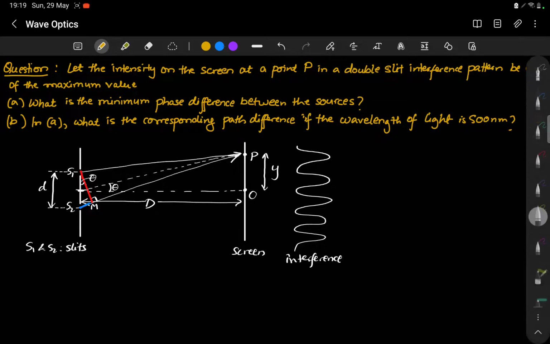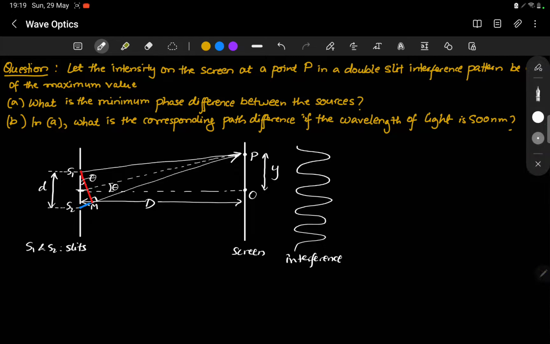So this is the setup for Young's double slit interference experiment. Now let us come to our question. We are given that the intensity at this point P is 60% of the maximum value. Before proceeding, we need to know the formula for intensity.